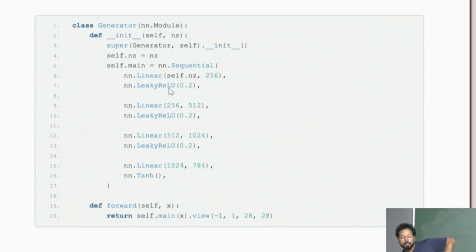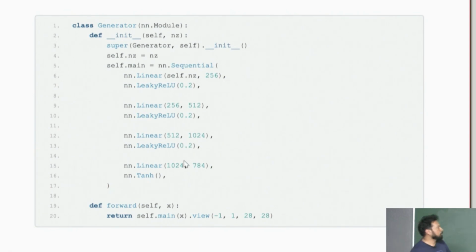Then we use leaky ReLU, which is an activation function, and 0.2 is the slope, which you can define yourself. Then similarly a linear layer, 256 input, 512 output, followed by leaky ReLU with 0.2 slope, and a linear layer again. It should match with the output, right? So 512 is captured as the input here, and then the output is 1024, and then the leaky ReLU.